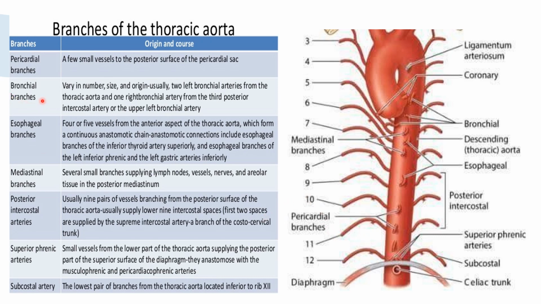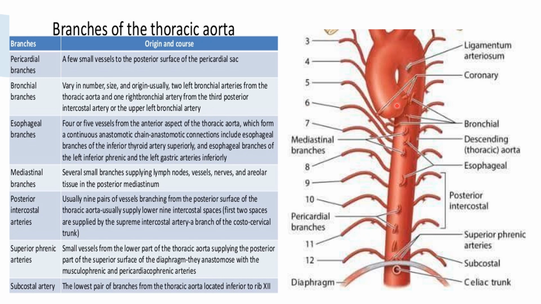Then the bronchial arteries, they vary in number and size, usually two left bronchial arteries from the thoracic aorta, and one right bronchial artery from the third posterior intercostal artery or the upper left bronchial artery.